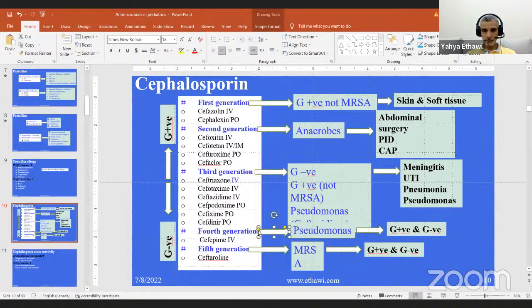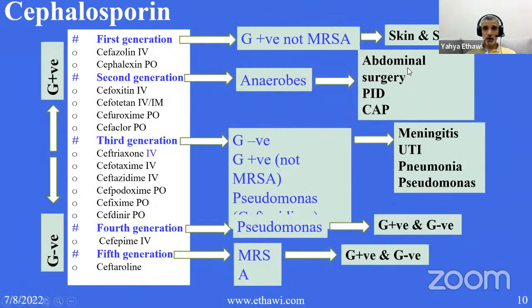So if you suspect MRSA, then it's not a good antibiotic. If you want to use oral, then you go for Clindamycin, or Trimethoprim, or if you need IV, then you have to go to Vancomycin and so on. So remember, when you suspect MRSA, these are not the good choice.